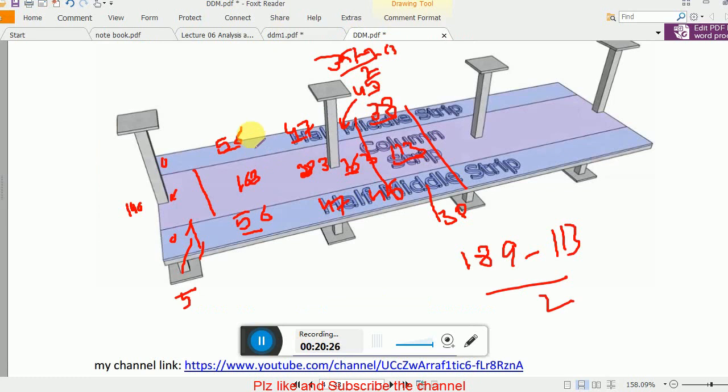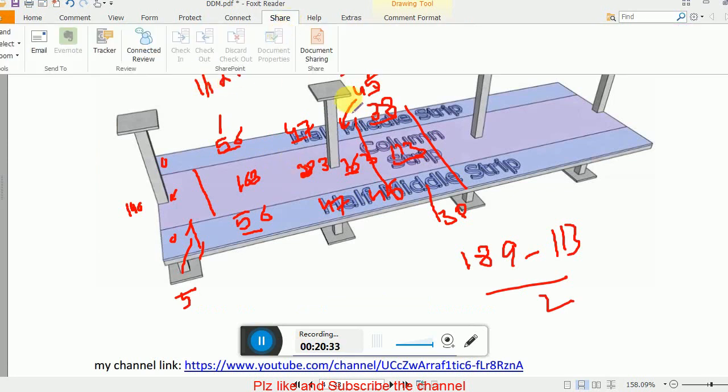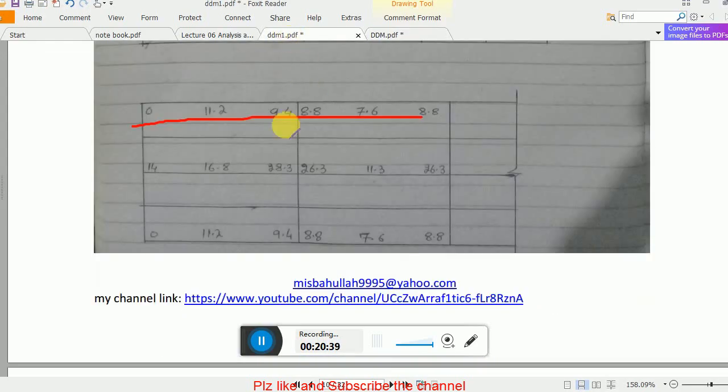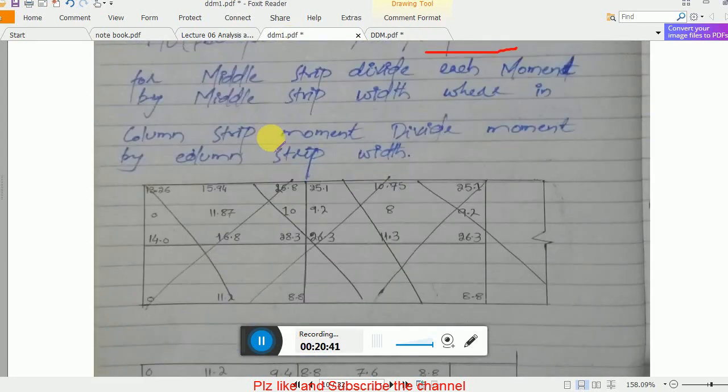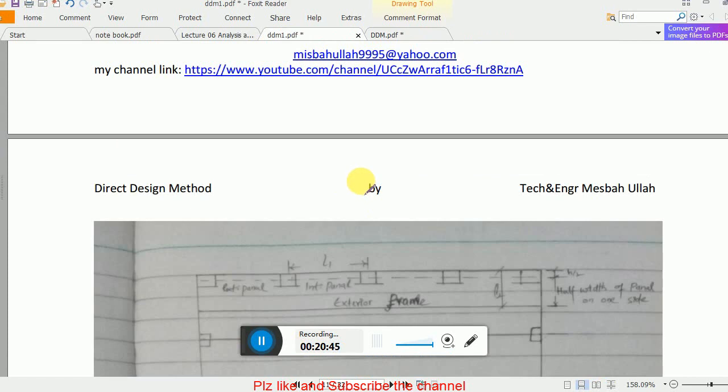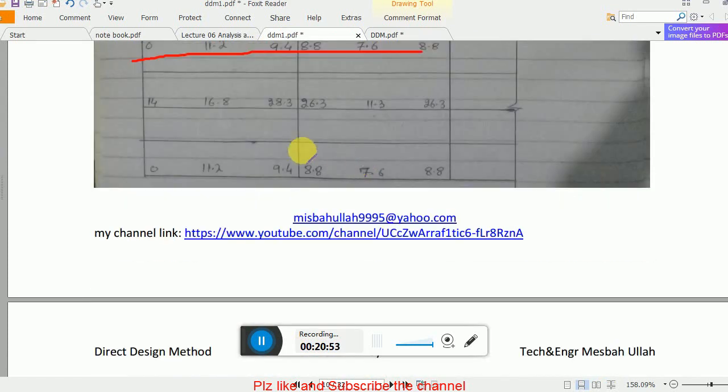This is 11.2. Now it is converted to movement per strip, kept as we did in the calculation, feet per feet. So this is the way of representing the moments.